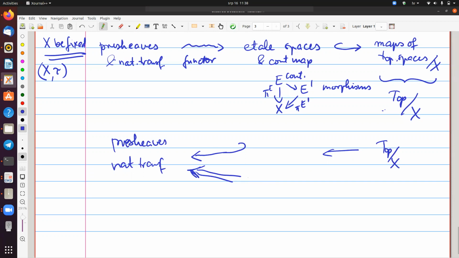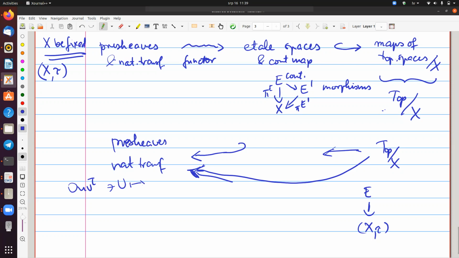First, if you have E over X, not necessarily a local homeomorphism, just a continuous map. X has a topology tau, which is fixed for the whole diagram. Then to this you simply define the space of all local sections for every U in the category of open sets and inclusions.